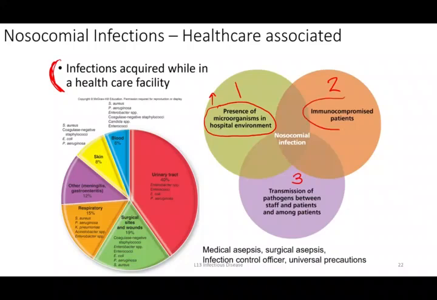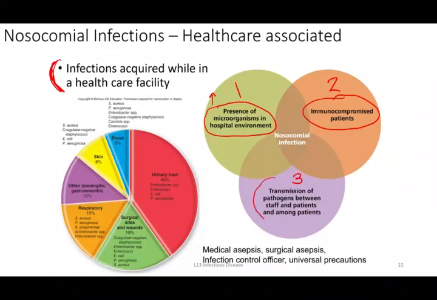There's another population of patients that are immunocompromised. They just had surgery, so they have open wounds. They're undergoing chemotherapy. Whatever the reason, you have a population of patients that can be immunocompromised. Both of those are going to be present in a hospital or healthcare facility, and that's not going to change.